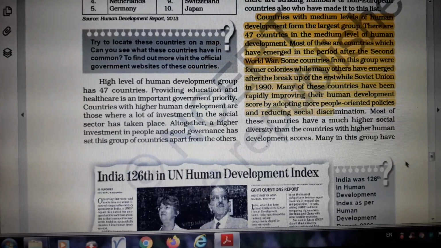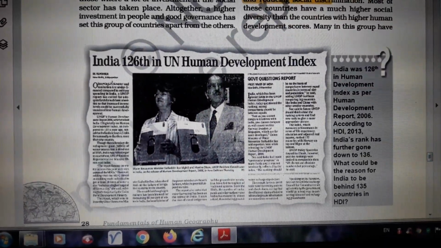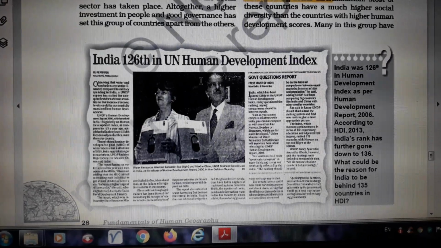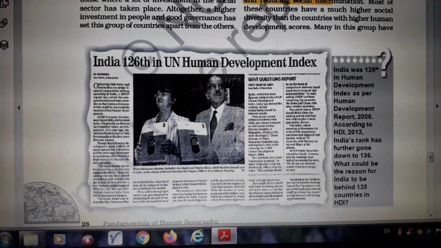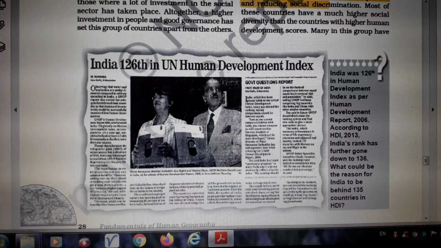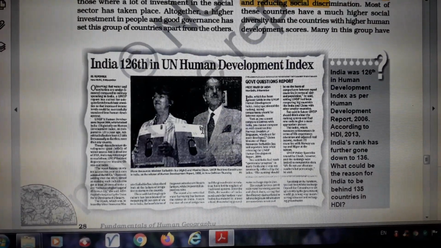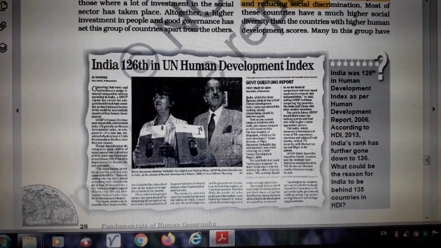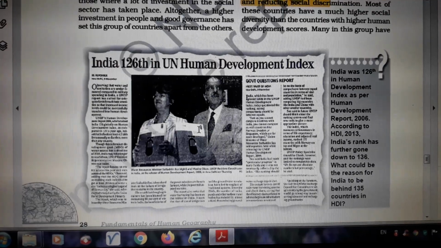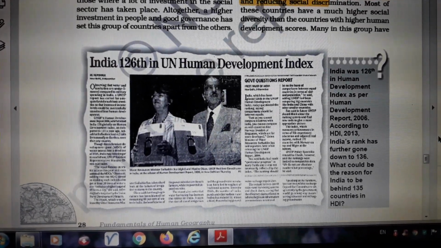Now about India: the picture given here is old, from the 2013 report. According to 2019, India ranked 129th, but according to 2020, India comes under the Human Development Index at 130th rank out of 189 countries in the world. So this is about the Human Development Index.